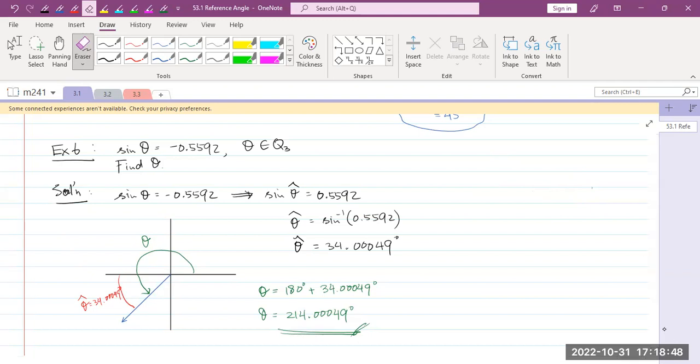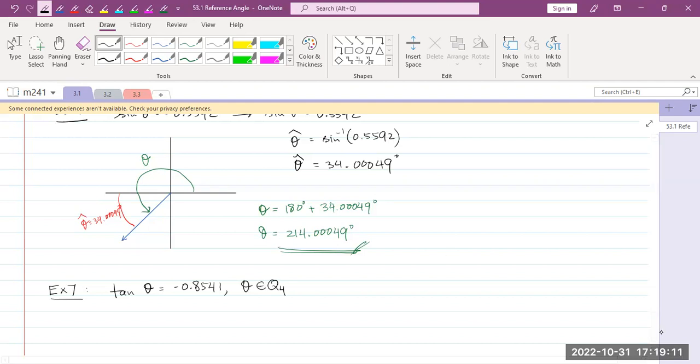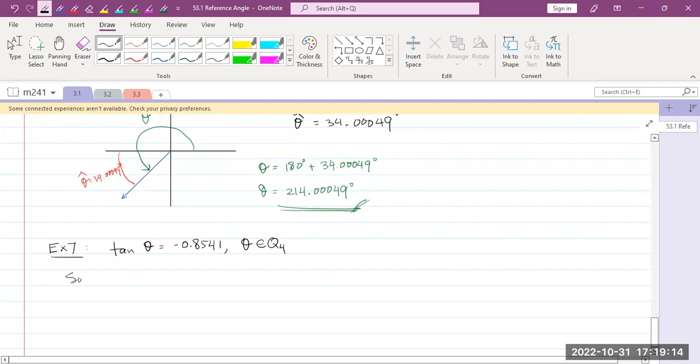Let's go on. Example 7. Tangent theta equals to negative 0.8541. Well, the theta is in quadrant 4. If that's our tangent theta, in this case happens to be negative, even if it is positive though, because it is in quadrant 4, we need to look at the reference angle.